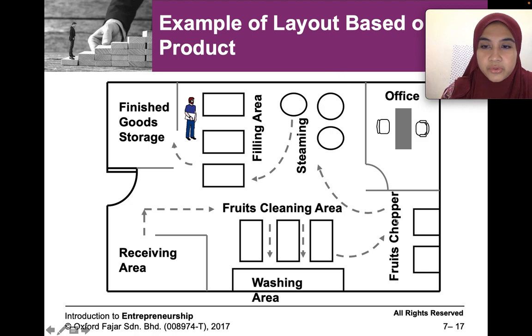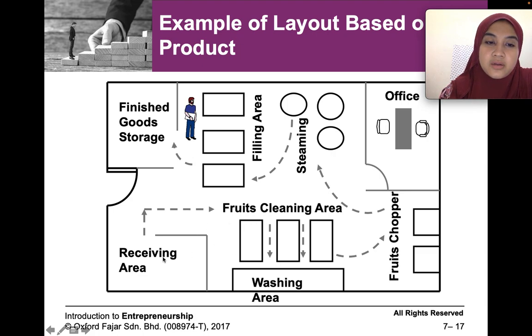So this is the sample of layout based on product. If you can see here, this is the layout of the fruit jelly just now, in the previous example that I showed to you earlier. The first step involves the receiving area, whereby we get the fresh fruit in the receiving area. The next step is to clean the fruit.